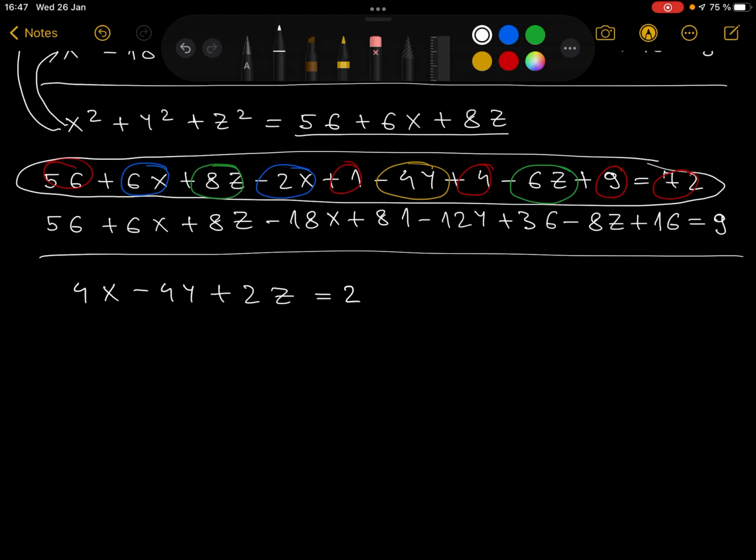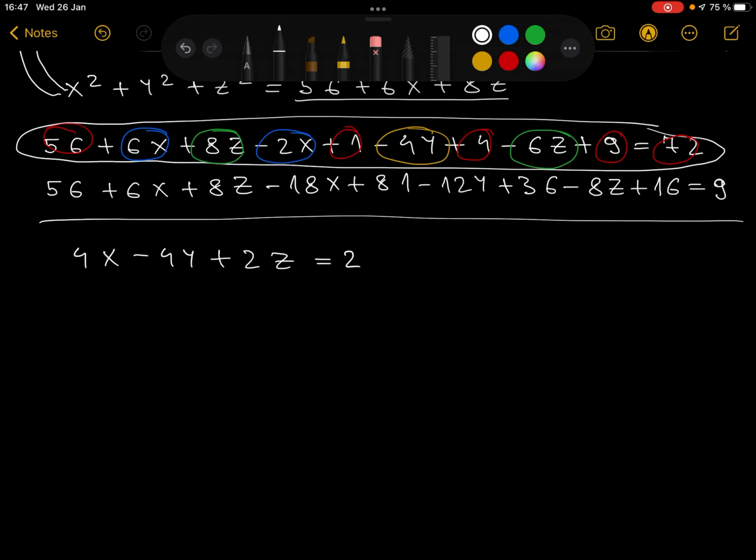Okay, and let's go ahead and do something similar for the second one. Now here we've got 6x, here we've got minus 18x, no more x's. Okay, now let's go for the y's. Here's a y, no more y's.